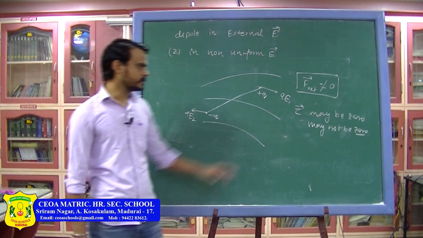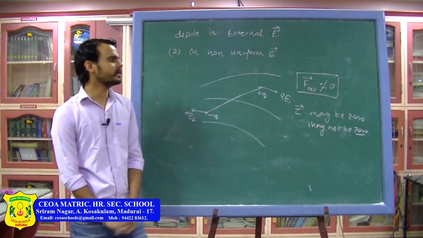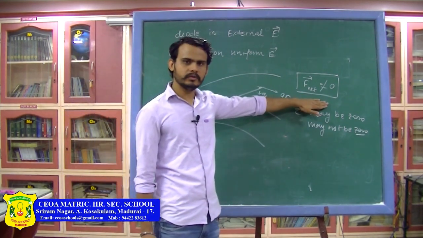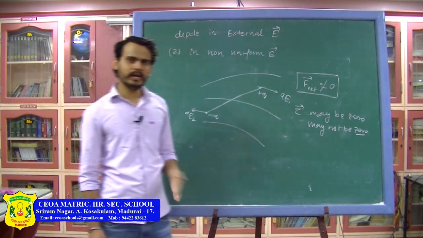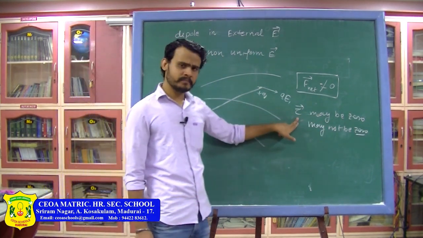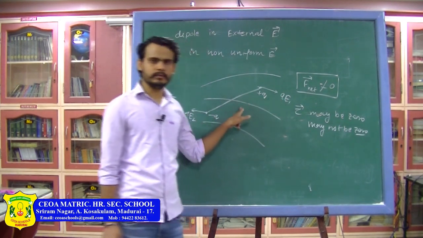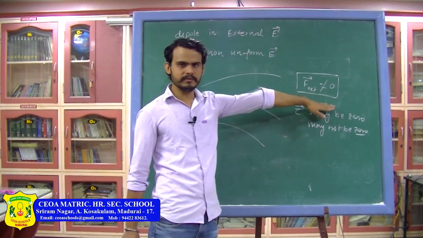They are not going to ask you the magnitude of the force, and they are not going to ask you the magnitude of the torque. But just remember, in a non-uniform electric field, net force will not be 0, and torque may be 0 if both electric field and dipole are in the same direction. It will be non-zero when there is some angle between electric field and the dipole. So torque may be 0 or may not be 0, but force will always be non-zero.